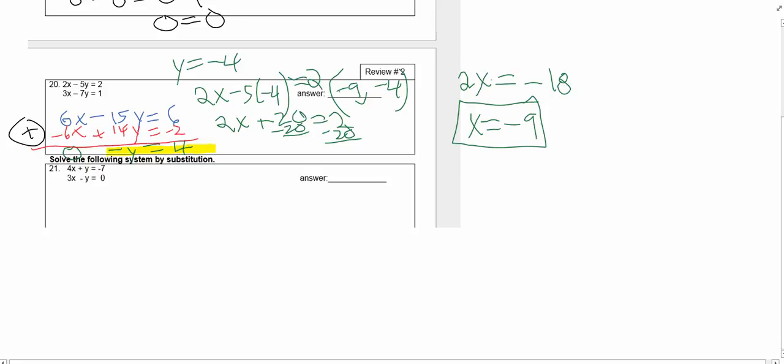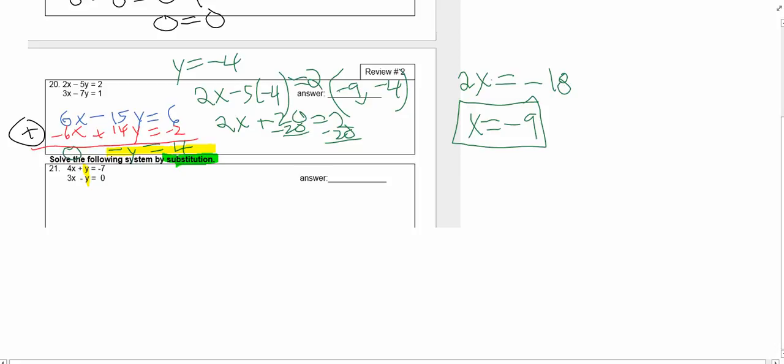Well, let's do number 21 because it says to specifically use substitution on these problems. Well, substitution, you want to look at both equations and you want to find the variable that has a coefficient of 1, and it looks like that in both of these we have a coefficient of 1 for both y's in the first and second equation.